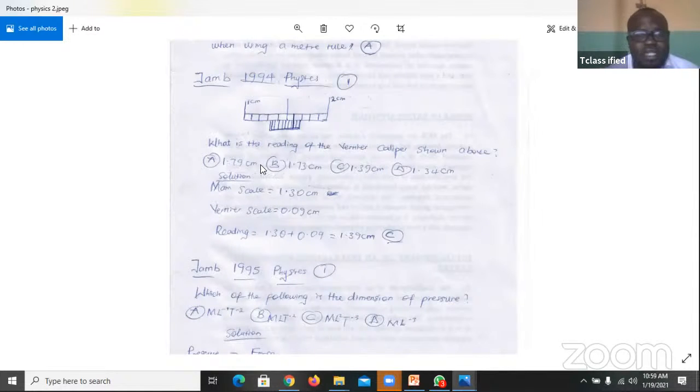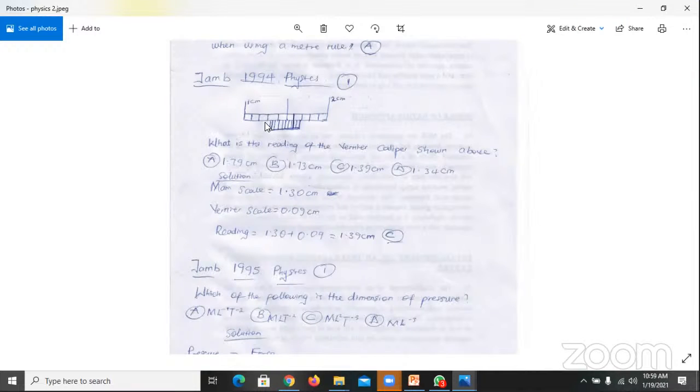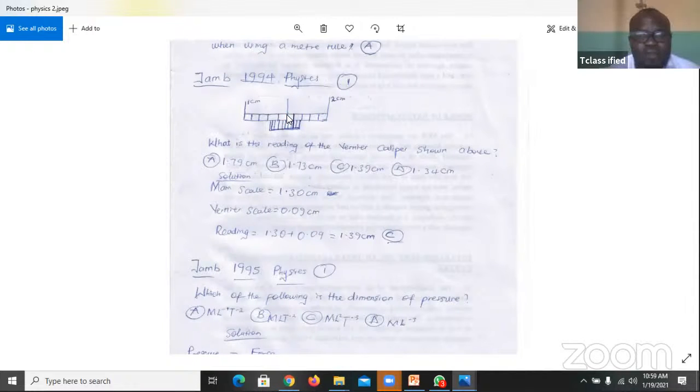So if you are asked what is the reading, like I said, the reading is normally the main scale plus the Vernier scale. Is that what we said before? Class, is that what we said before? Yes, sir.